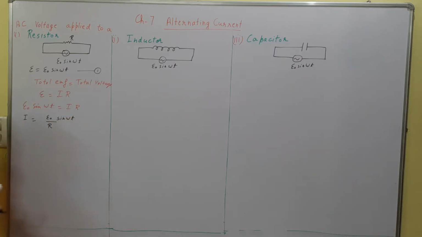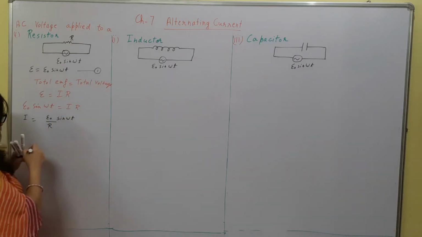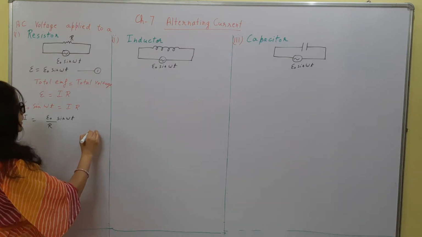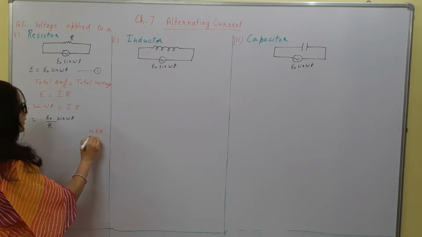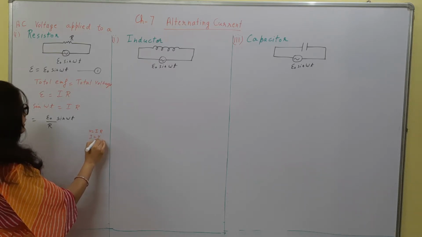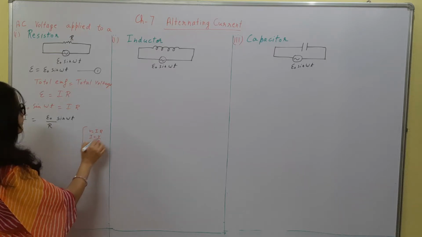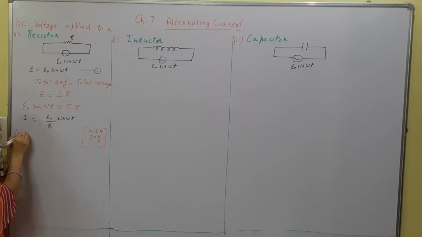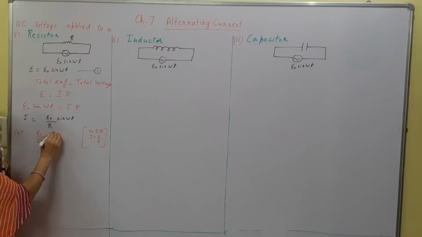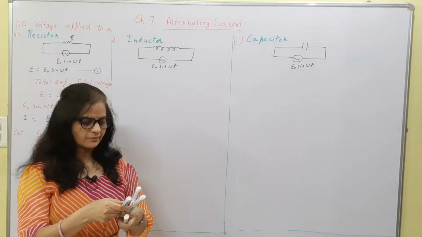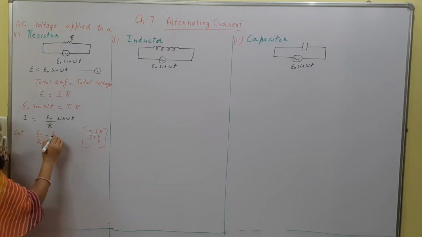If we compare it with the Ohm's law, V is equal to IR, I is equal to V upon R. So from here, let E naught upon R, we mark it as I naught, that is the peak value of current or the maximum value of current.